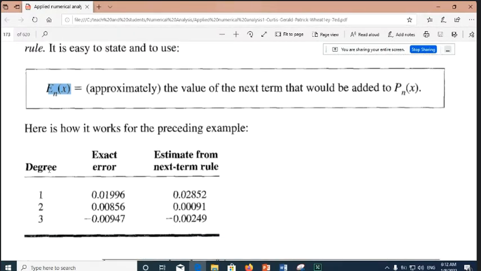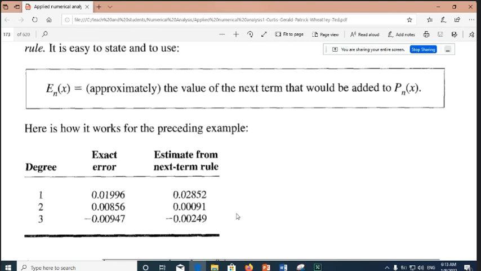Here we can see, for example, for interpolation of degree 1, the error is 4.01, and the estimate from the next term rule is 0.2. The same is shown for degree 2, with the estimate from the next term rule.